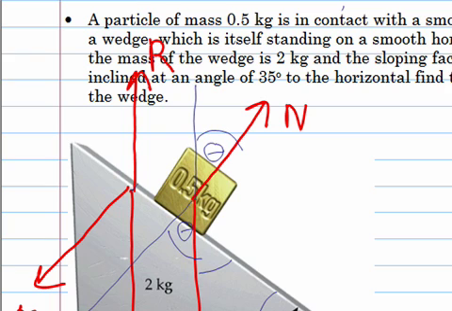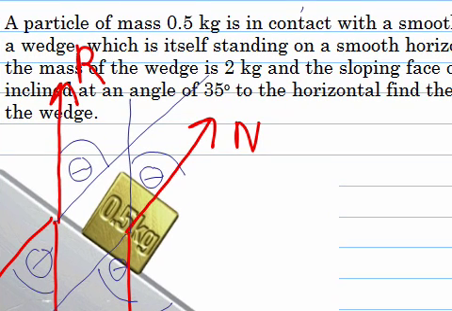Let's draw a line of action here. Now, this makes this angle here theta, as it's parallel to n, which means that that is also theta. So we've drawn on the forces acting on the wedge and the forces acting on the block and some angles.